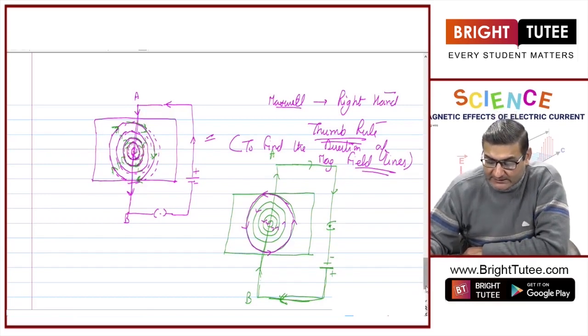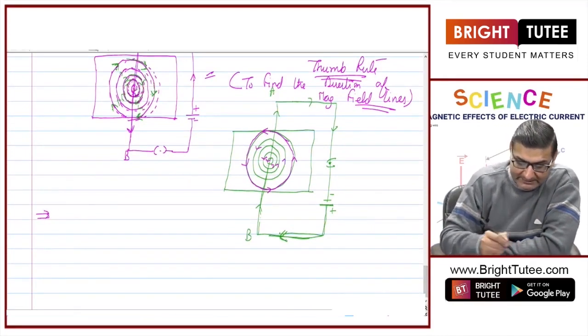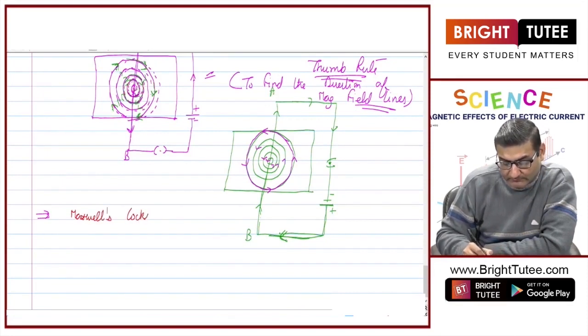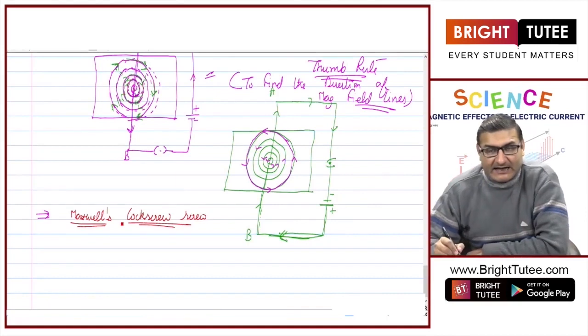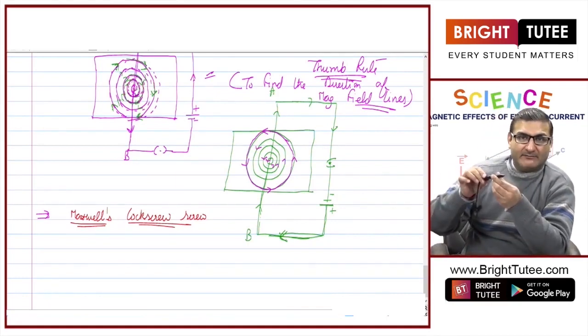Fine. Now this Maxwell's right hand thumb rule is also expressed as Maxwell's corkscrew rule. Now what exactly is this corkscrew? When we are driving a corkscrew, for example, I'm having a screwdriver, right?